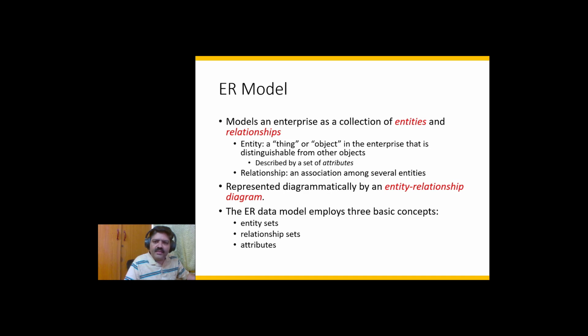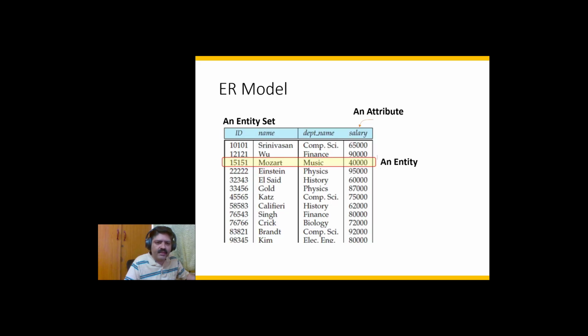So let's have a look. Before I talk about the entity sets and relationship sets, let me take an example and show you what these are. So here is the instructor entity set. We call this an entity set where Mozart is an entity.